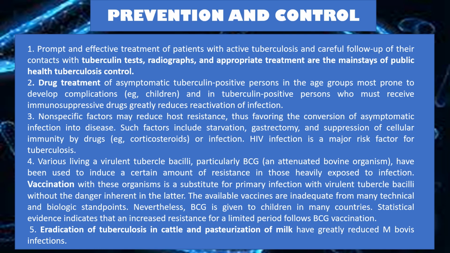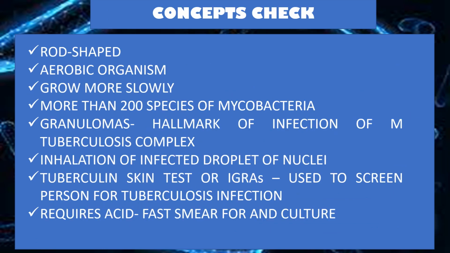Now let's proceed to the concept check. Mycobacteria are rod-shaped. They are also aerobic organisms. They grow more slowly than other bacteria. And there are more than 200 species of Mycobacteria. Granulomas are the hallmark of infection with the M. tuberculosis complex.